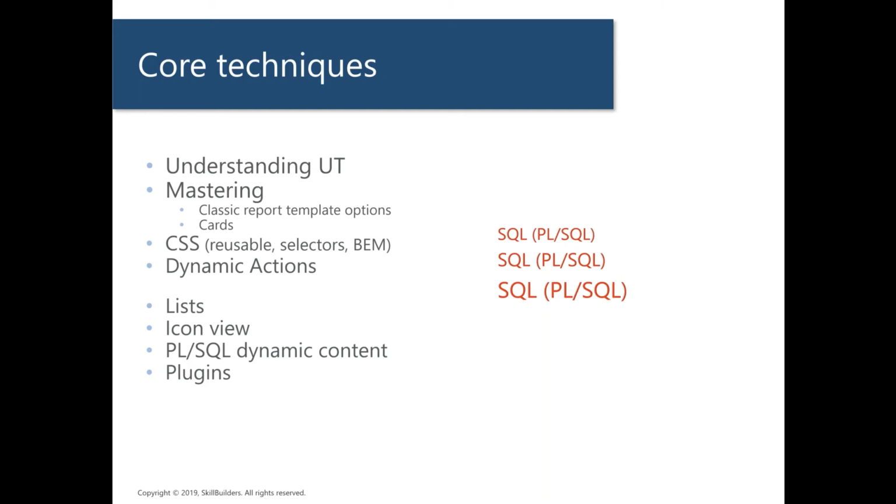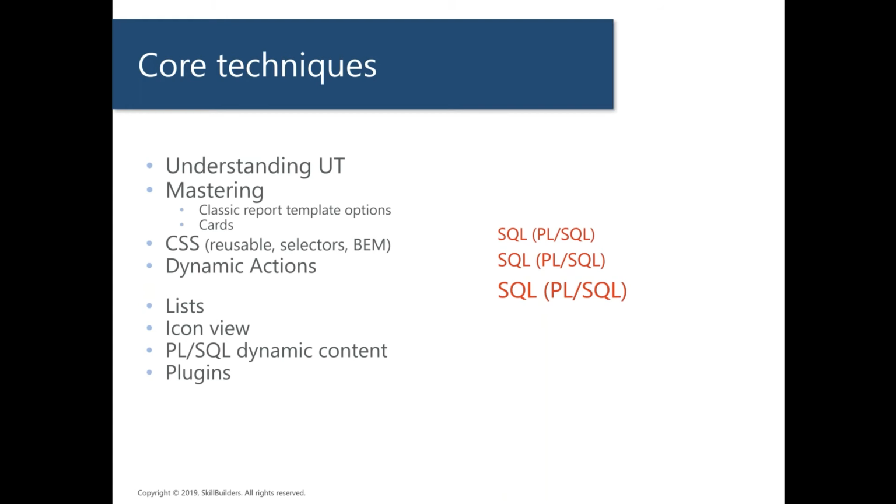mastering, for example, report template options, CSS, or being familiar with CSS as much as you can, so that we can write reusable CSS is important. Again, I've referenced Tyson's Juglet session where he explained what BEM stands for.